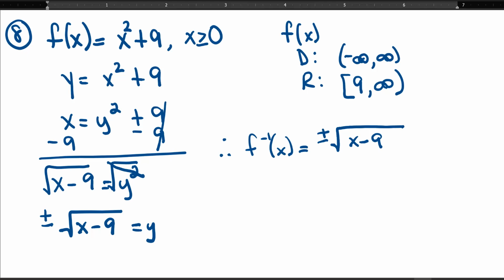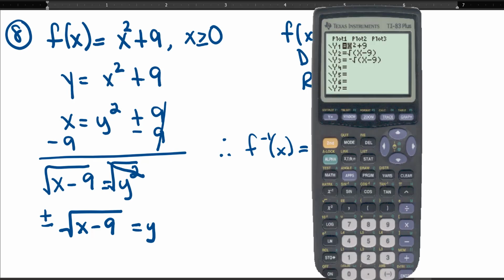And we're going to use our calculator to do so as well. So here's our table again, and I am going to uncheck the x squared plus 9. We're going to put in the plus or minus square root of x minus 9. Now notice I put those in as two separate inverse functions, because we don't have a plus-minus symbol on the calculator.